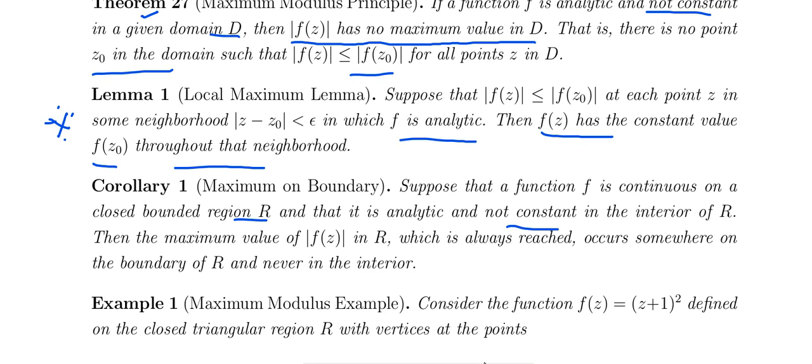Then the maximum value of mod f of z in R, which is always reached, occurs somewhere on the boundary of R, never in the interior.